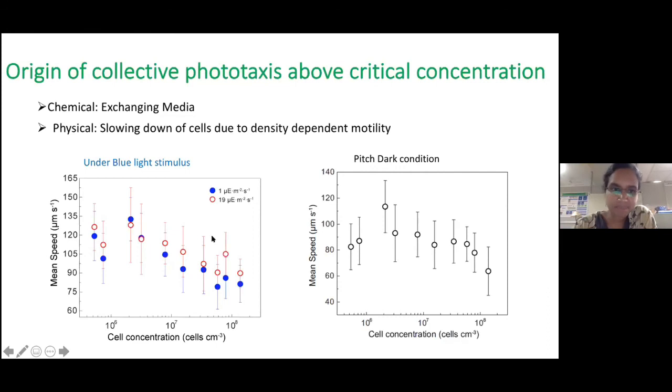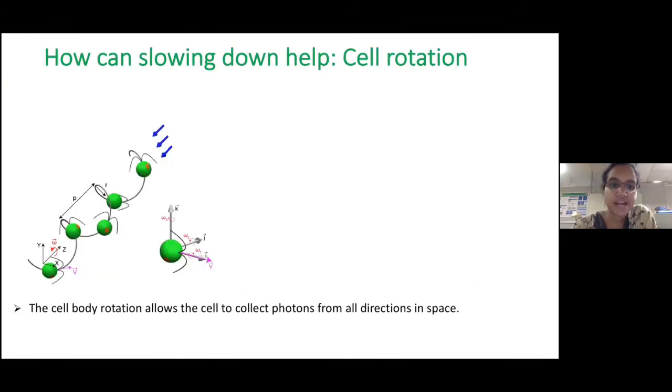The same is happening whether the cells are in blue light or in pitch dark. Their speed goes down as you increase the cell concentration. That is intuitive in the sense that under crowded conditions, the cell speed is bound to come down. So does this have any repercussion on how they detect light? So far I haven't spoken to you about how they detect light.